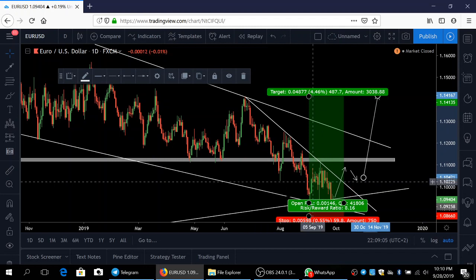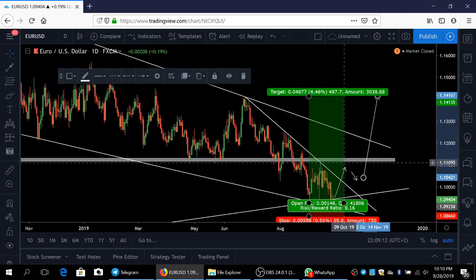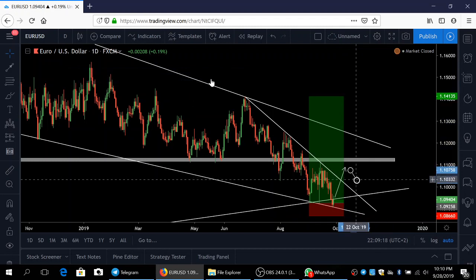But our first hurdle will be this resistance zone, so our first take profits will be set around this resistance zone here. So that's EUR/USD, and our trade bias is long.